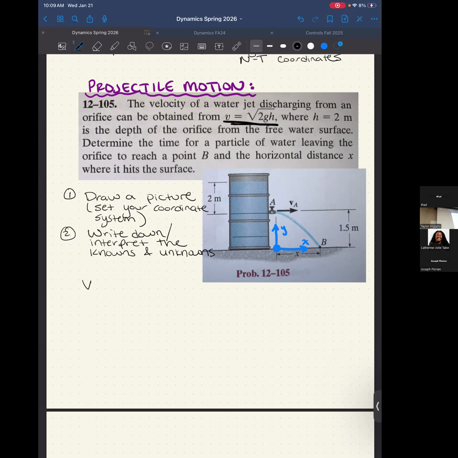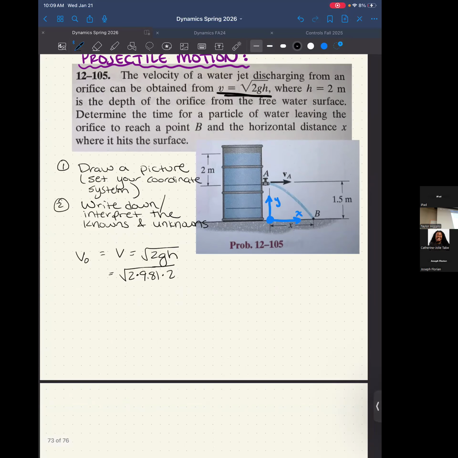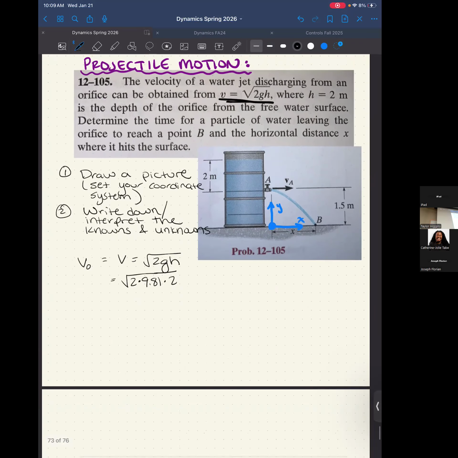So we can say that v0 is equal to v equals square root of 2gh, where h equals 2. So we can go ahead and even plug in something like this maybe. Now notice I didn't give that a vector sign. So is there anything we might already interpret about maybe the direction of that initial velocity?